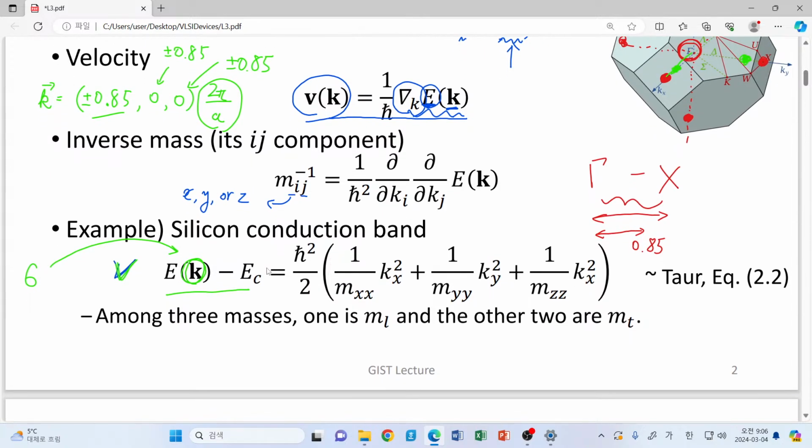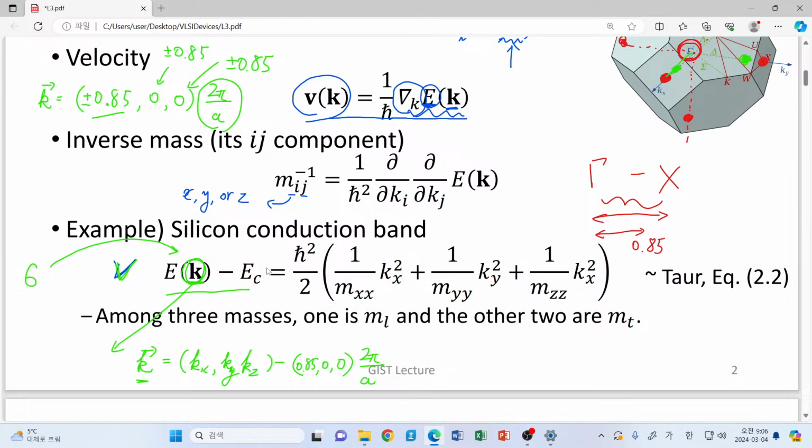So please note once again, what is actually this k? This k, for example for the x value, is nothing but our original kx, ky, and kz minus our minimum value. So for example, for the positive x valley, we can say that 0.85, 0, 0 is written as this k value, the local coordinate.